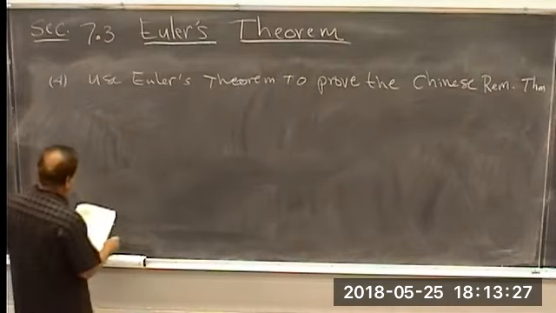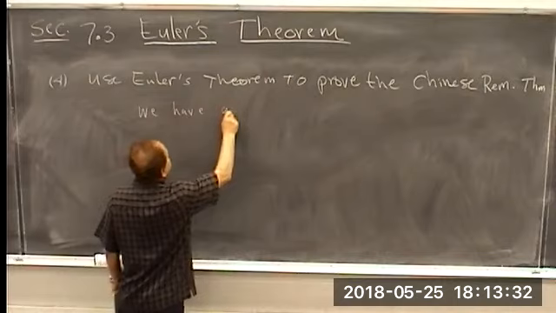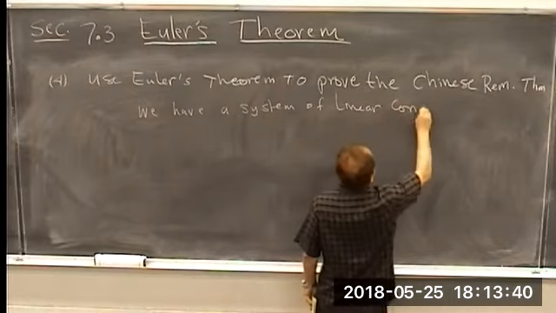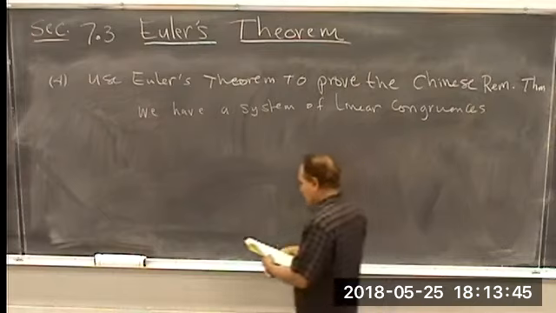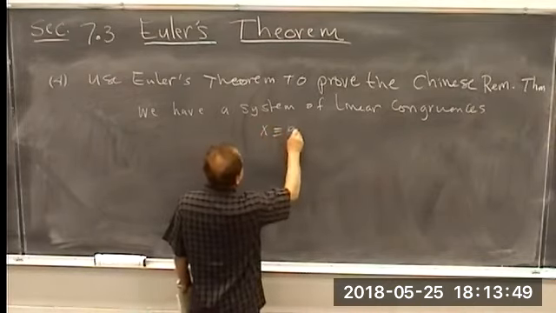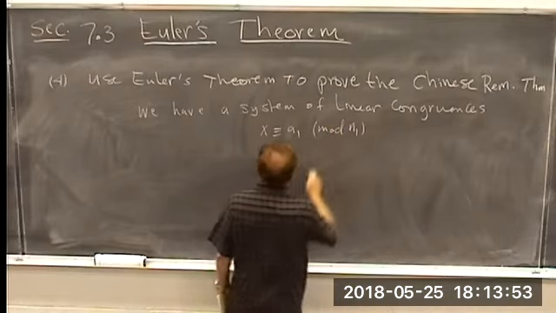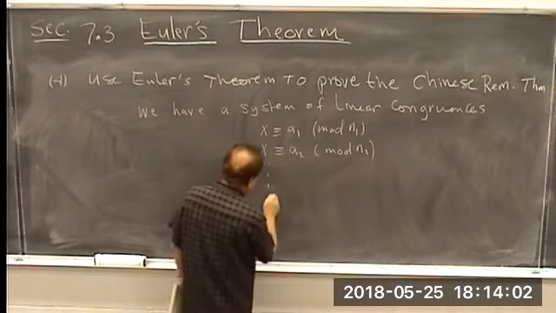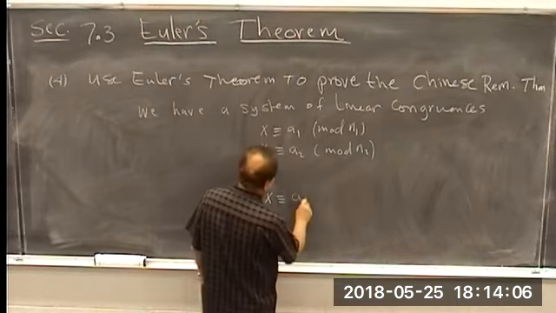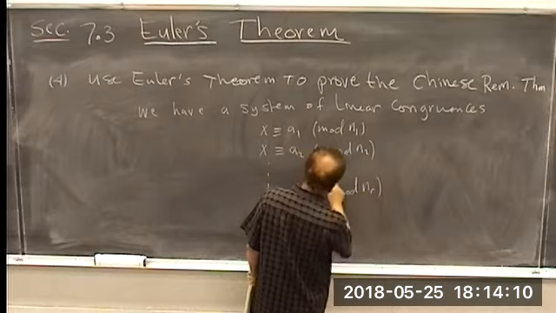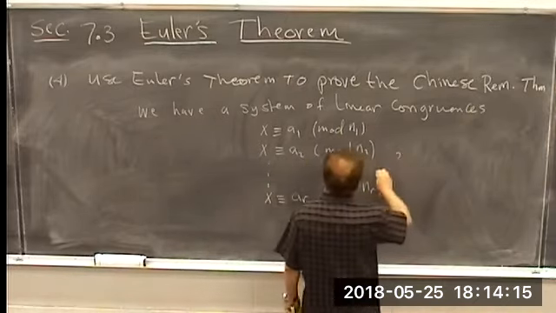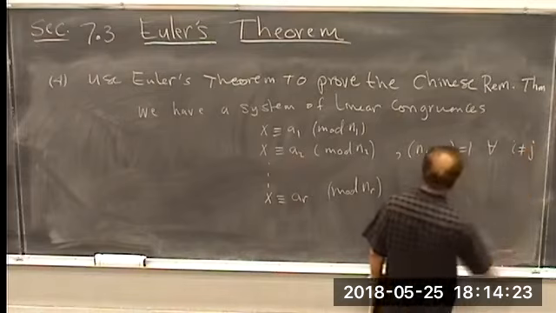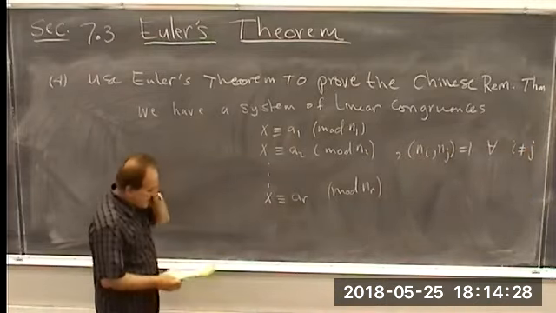In the Chinese remainder theorem, we have a system of linear congruences of this form: X is congruent to A1 mod N1, X congruent to A2 mod N2, and so on, and X is congruent to A sub R mod N sub R, where these N's are relatively prime, that is, the greatest common divisor of N sub i and N sub j equals 1 for every i not equal to j. And these are integers, positive, negative, whatever they are.